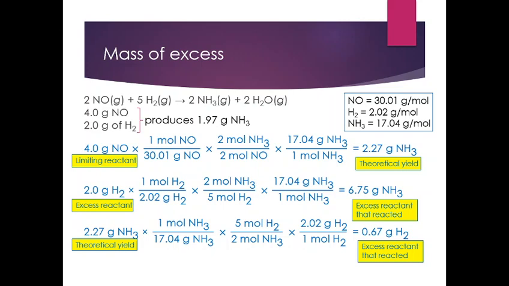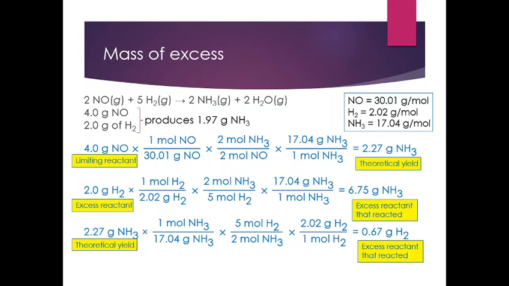Converting the 2.27 grams of NH3 back into H2 tells you that you use 0.67 grams of H2 to produce 2.27 grams of NH3. Or in the whole big scheme of things, 0.67 grams of H2 plus 4.0 grams of NO produced exactly 2.27 grams of NH3.